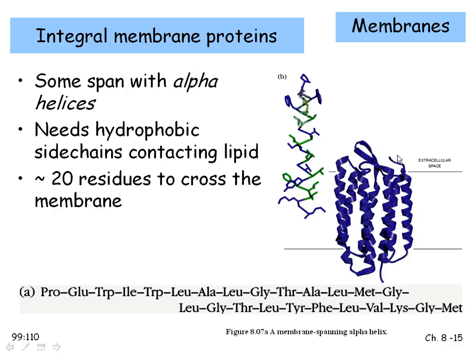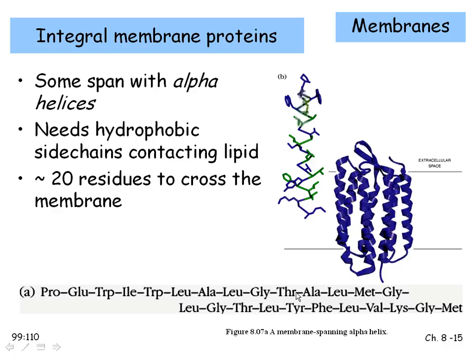Given the dimensions of an alpha helix and the dimensions of lipid membranes, it takes about 20 residues to go from one side to the other. So about 20 amino acid residues in a row have to participate in that alpha helix for it to be long enough.